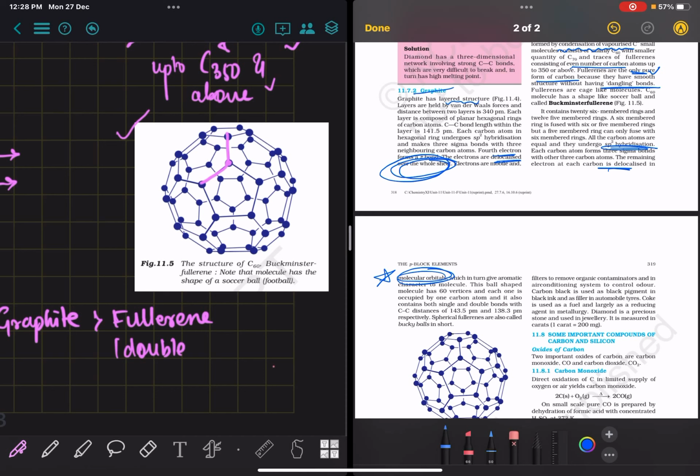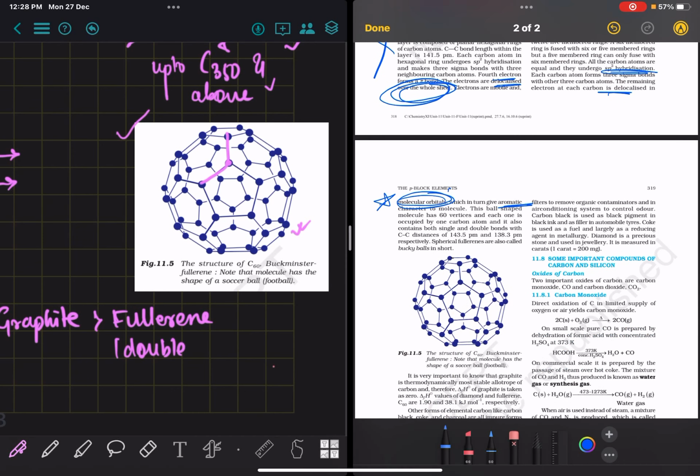That is the difference. Because of this difference, fullerene has an aromatic character, whereas graphite does not. So because the electron is delocalized in molecular orbitals, fullerene has an aromatic character.